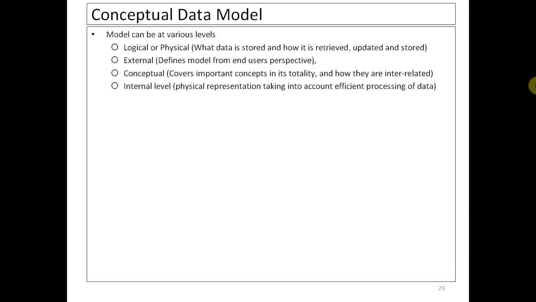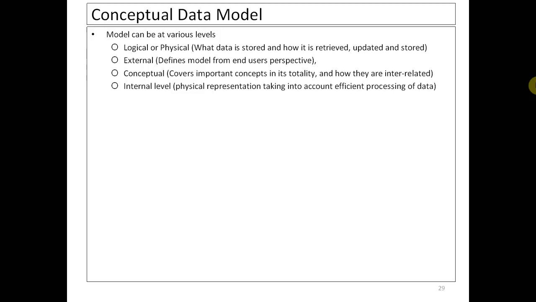Conceptual models, okay, but prior to that, let us see that the models are at various levels. There are the logical or physical models, which have a detailed view of the data based on how data is retrieved, updated, and stored, or external models which define the model from the end user perspective.